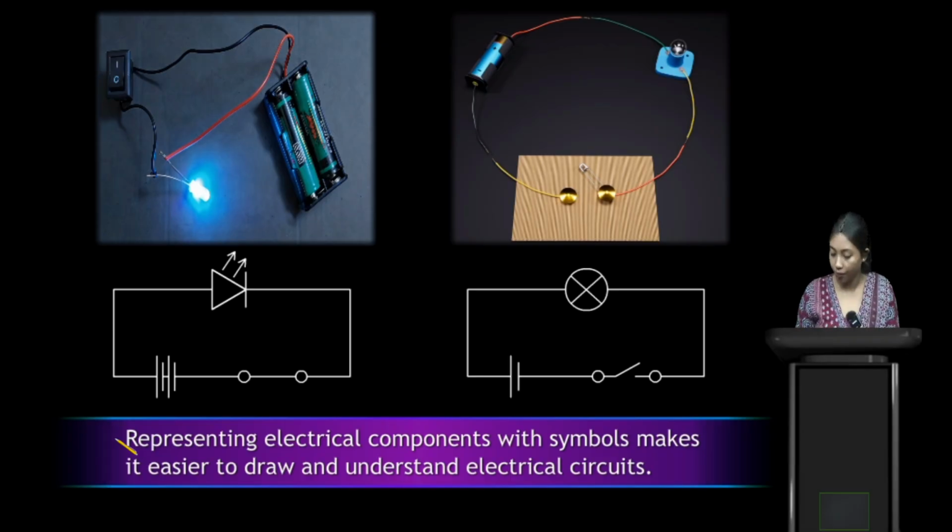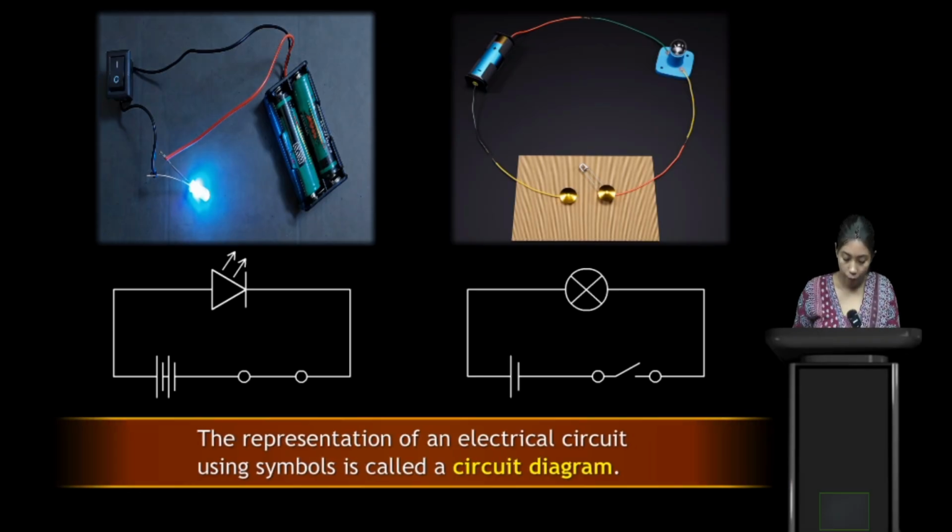Now, the representation of an electrical circuit using symbols is called a circuit diagram. It can come in your exams that what is a circuit diagram, then you have to write that the representation of an electrical circuit using symbols is called a circuit diagram.